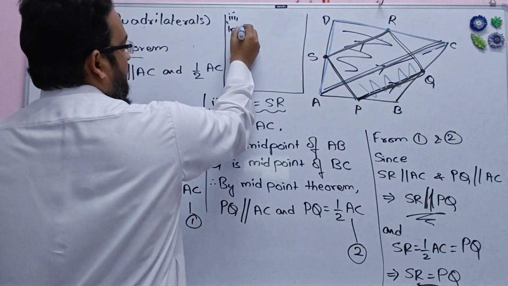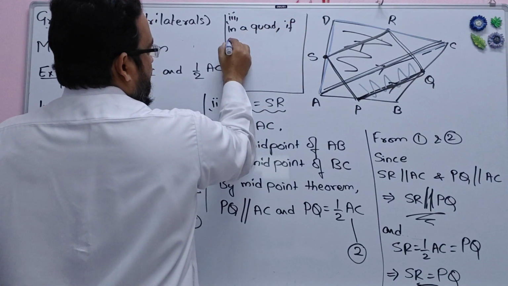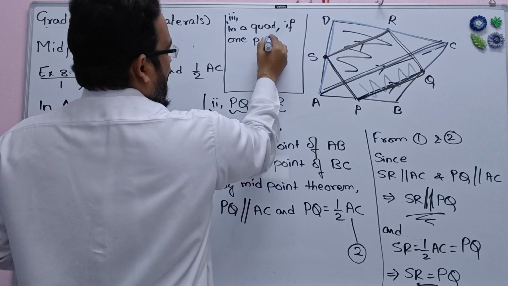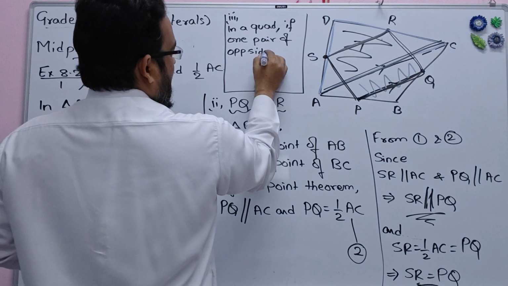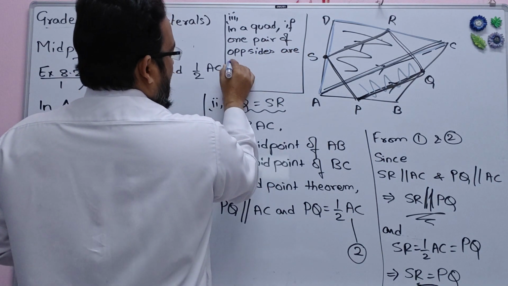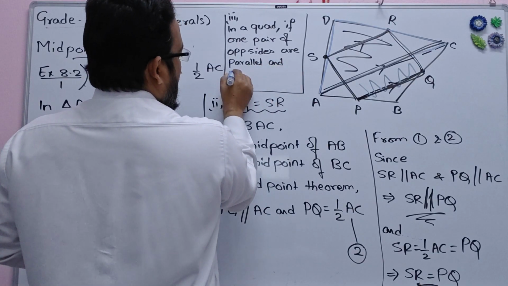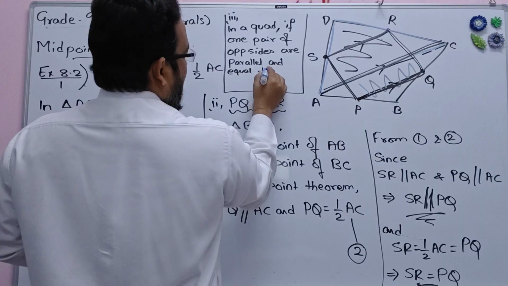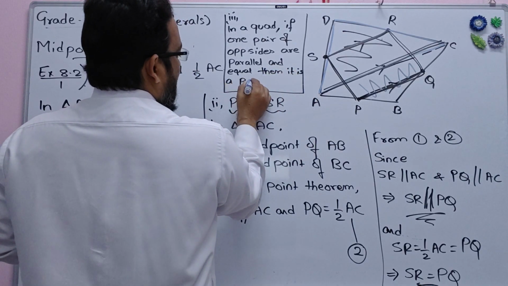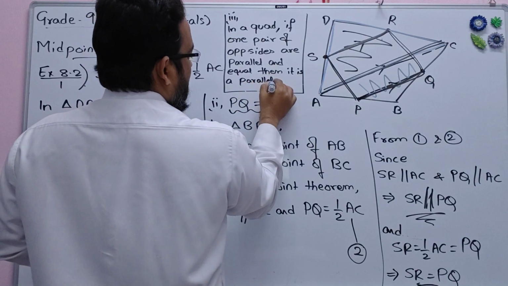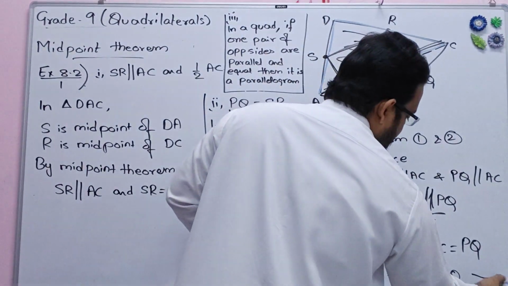So in a quadrilateral, if one pair of opposite sides are parallel and equal, then it is a parallelogram. Is it right? So let us write this as 3.